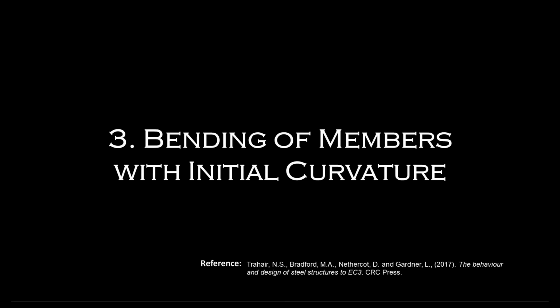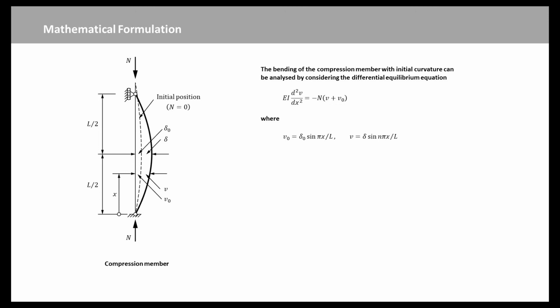Now we move to the bending of the compression member. The bending of the compression member with initial curvature, shown in this figure, can be analyzed by considering the differential equilibrium equation, which is obtained from the previous equation for a straight member by adding the additional bending moment, minus N times V0, induced by the initial curvature.